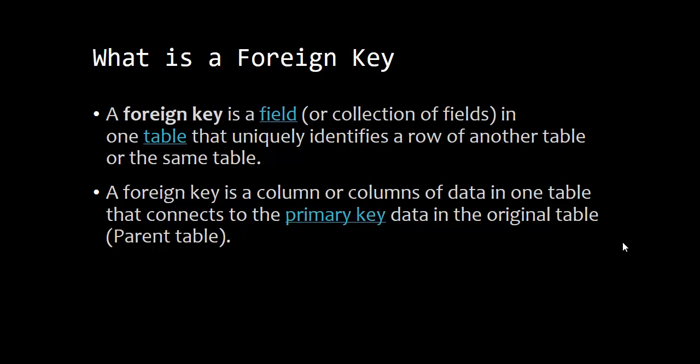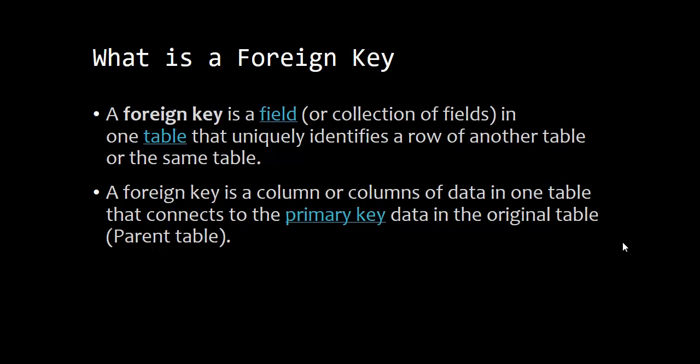Okay? So if you read my second definition here, the one I wrote, thank you very much, a foreign key is a column or columns of data in one table that connects to the primary key data in the original table, the parent table. So the word connects, I'm not quite sure is the right terminology there. It really relates, connects, whatever you want to say.